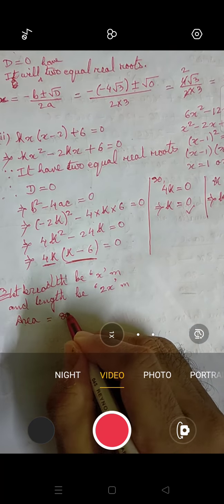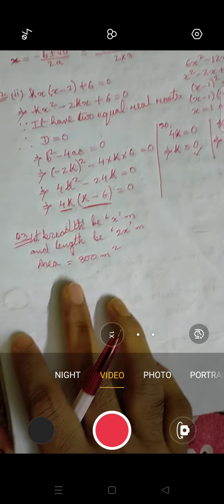That means length will be 2x meter. Any problem? The question also says the area is 800 meters square. So next line, area equals to 800 meters square.